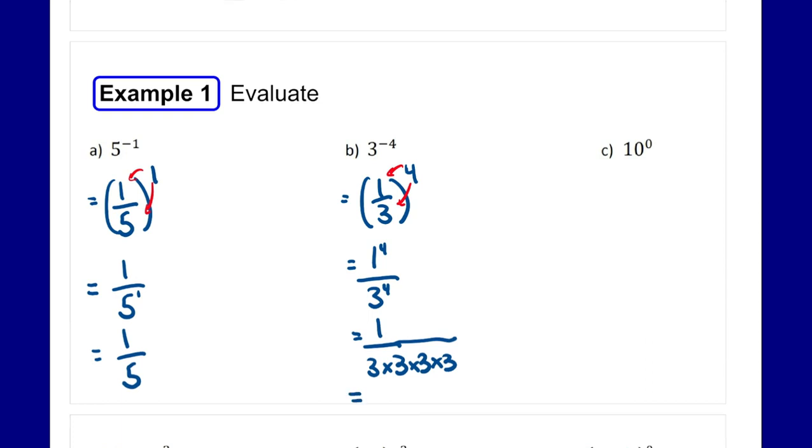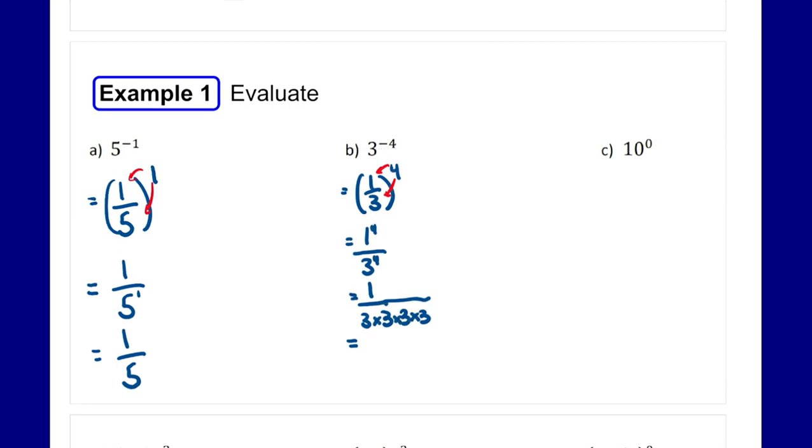Equals, and again, I don't need to write that expanded form. I'm just doing it to help us understand a little bit of how we're getting this bottom value. 3 to the power of 4 is 81. So 3 to the power of -4 simplifies to 1 over 81.